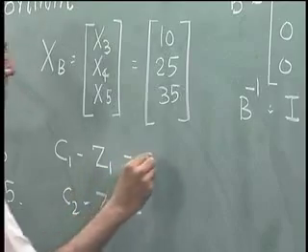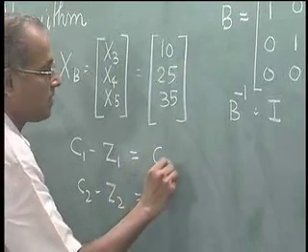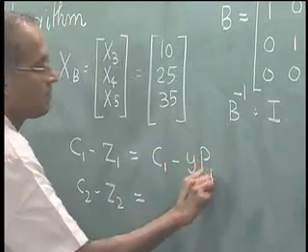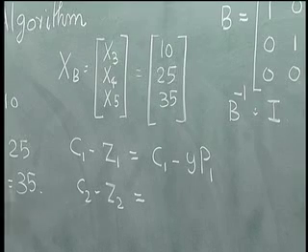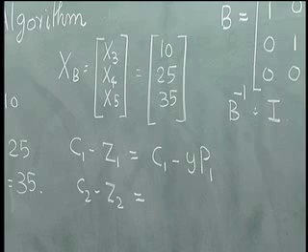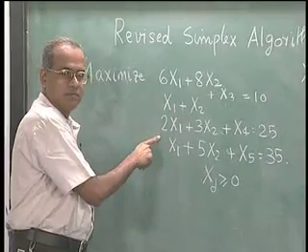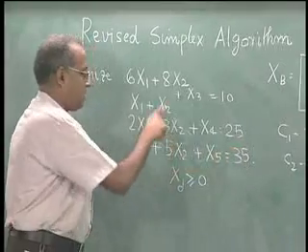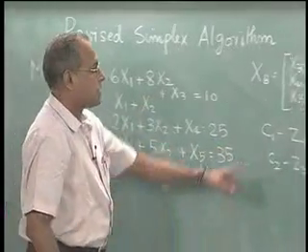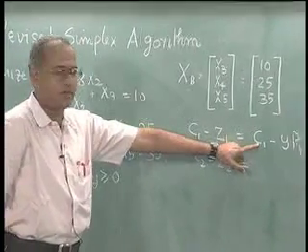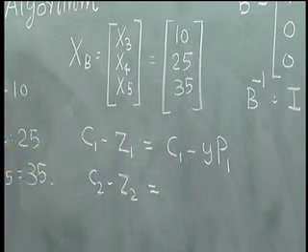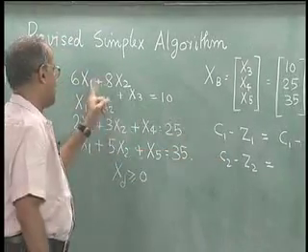So, C1 minus Z1 is equal to C1 minus Yp1. Y is the value of the dual and P1 is the vector corresponding to the variable x1 in the original problem. Therefore, P1 will be 1 2 1, P2 will be 1 3 5. C1 is the objective function coefficient of variable x1 which is 6 and C2 is 8.